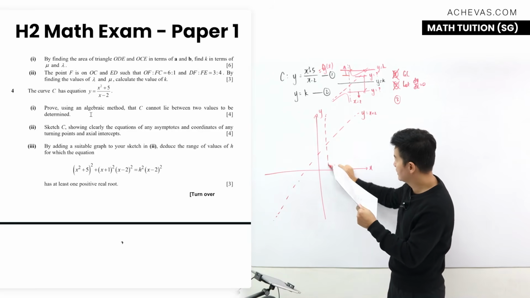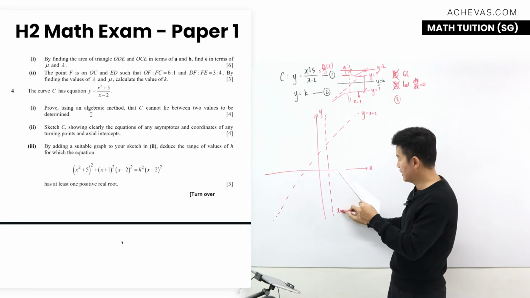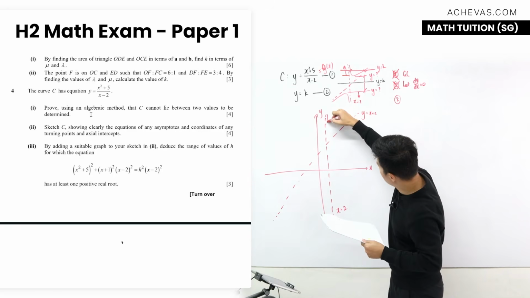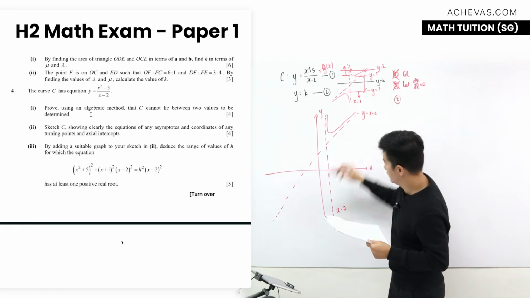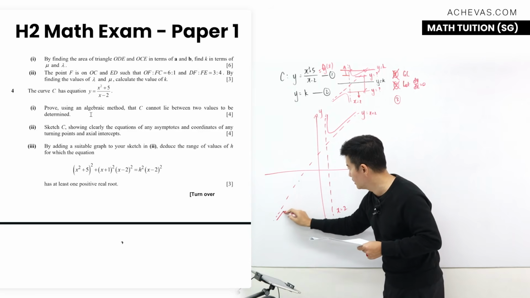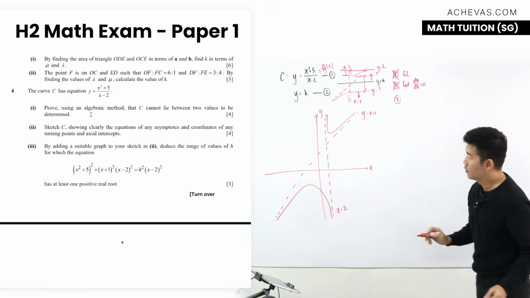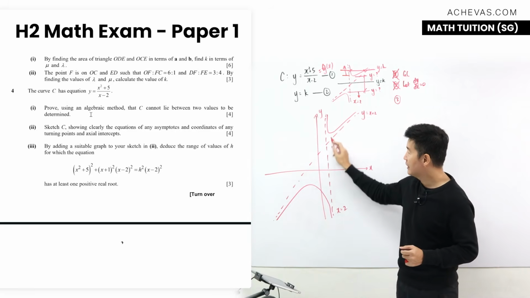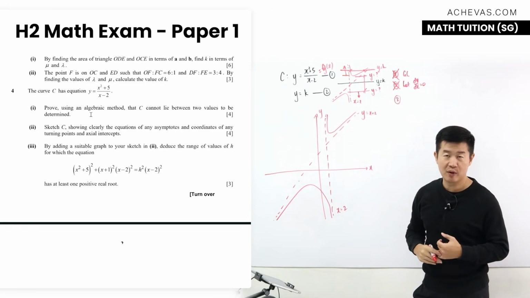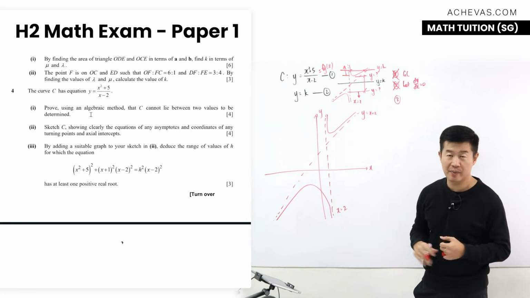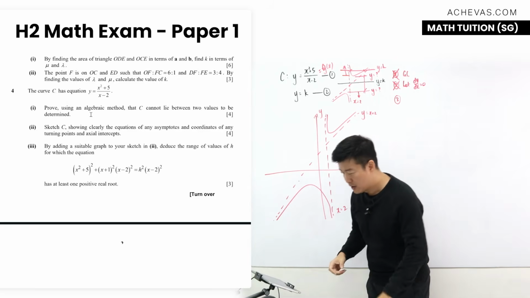We will have a vertical asymptote. The vertical asymptote is x is equal to 2. The graph is going to be something like this. And for this portion here, it is going to be like this, tending towards the vertical asymptote. We should be indicating all the maximum point, minimum point, and points where the curve cuts the axis. Okay, but I'm going to skip that for now.